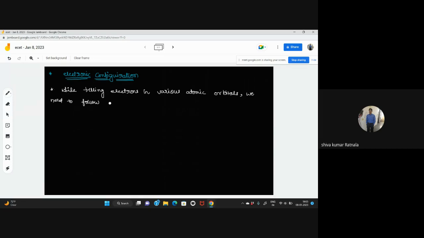That is Aufbau principle, Hund's rule, and third is Pauli's exclusion principle.